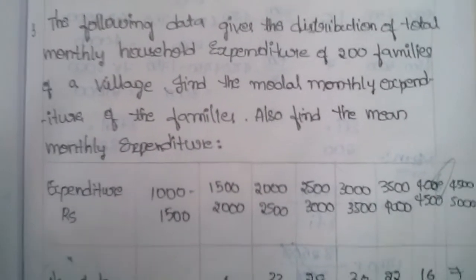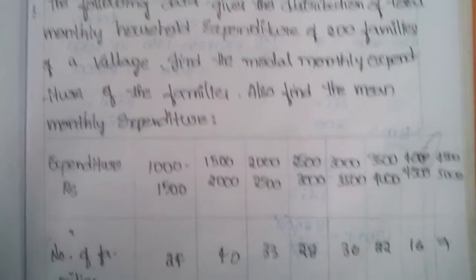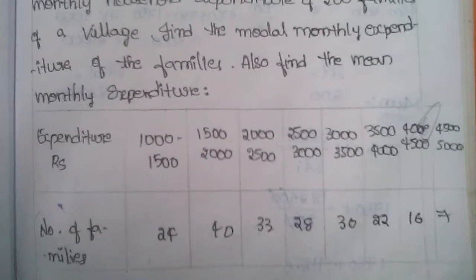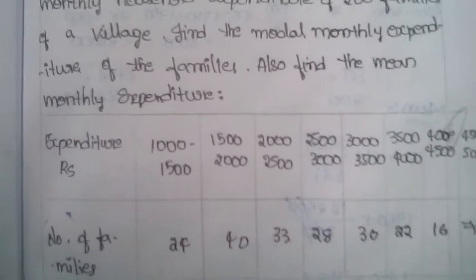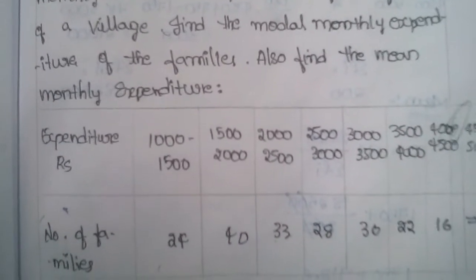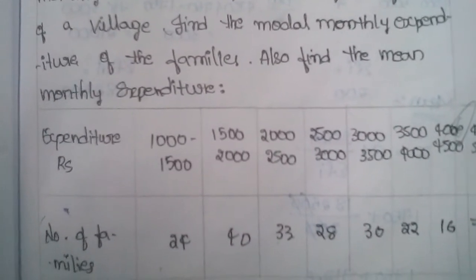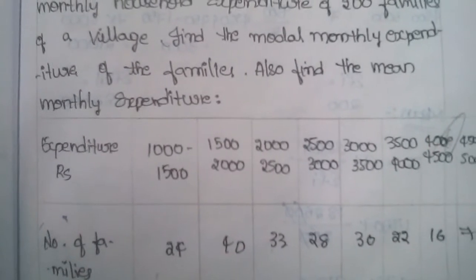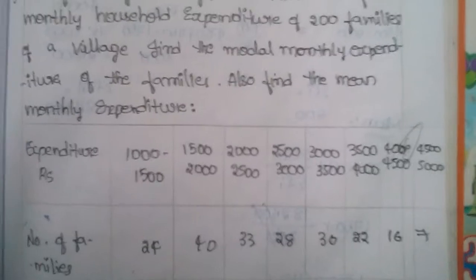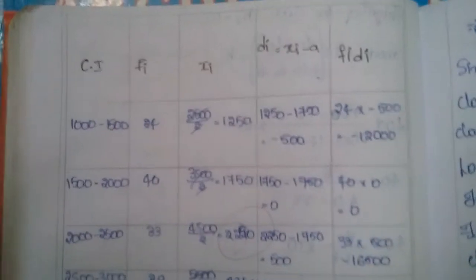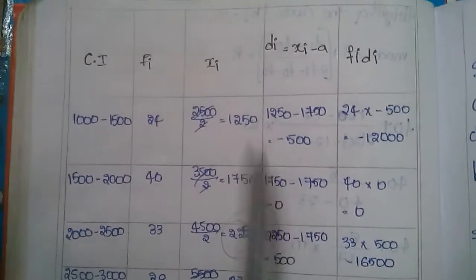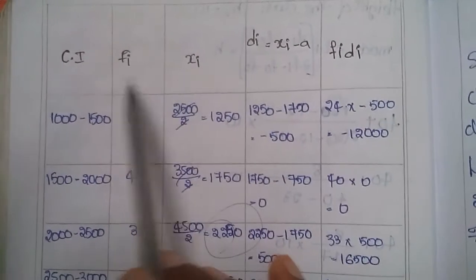Now the third question. Here, what is asked is the mean monthly expenditure. So we need to find the mean and mode of the given data. I am taking the assumed mean method.